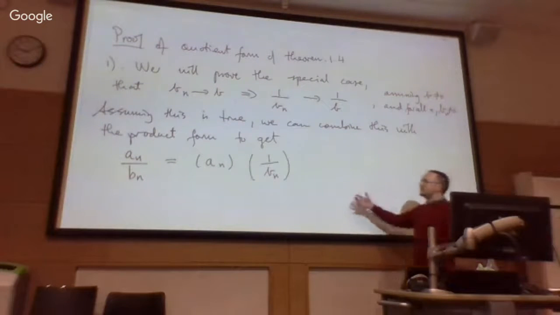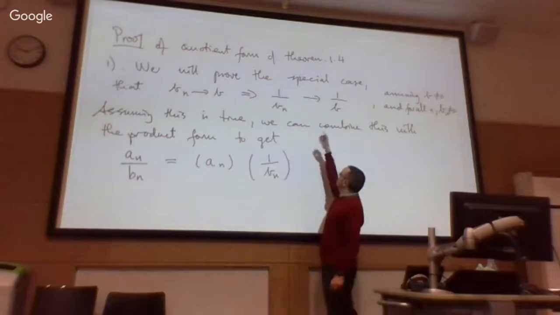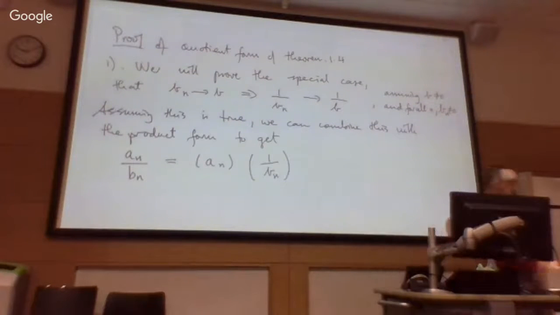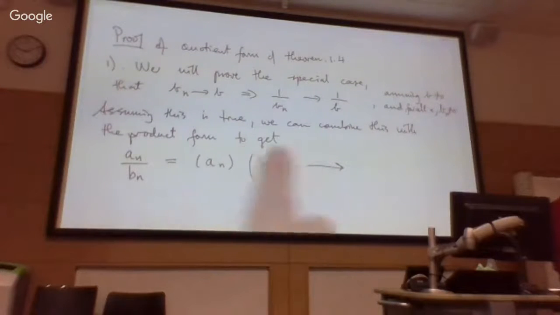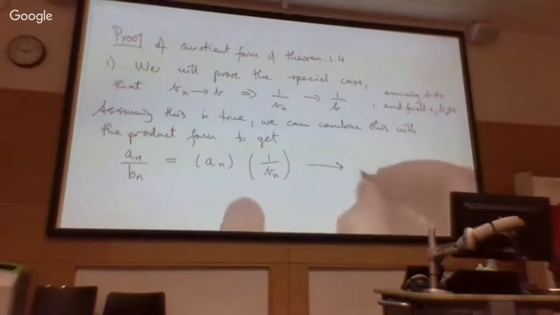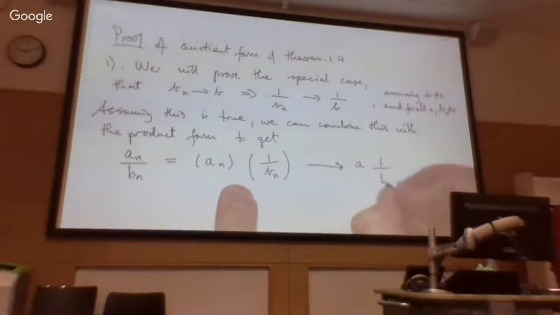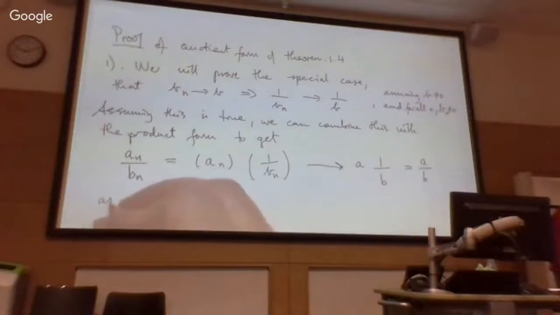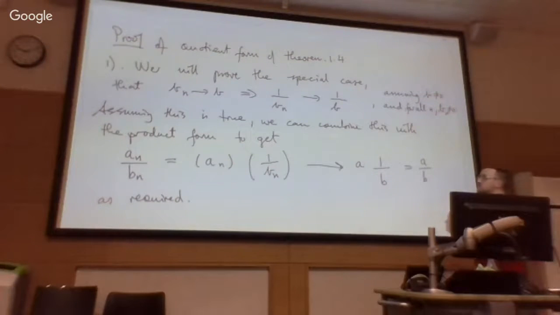But if I already know that 1 over bn converges to 1 over b, and an converges to a, applying the product form of the algebra theorem proved last week, I'll be able to conclude that this product converges to a times 1 over b, which is of course equal to a over b, as required by the statement of the quotient. So that's the argument for step 1.